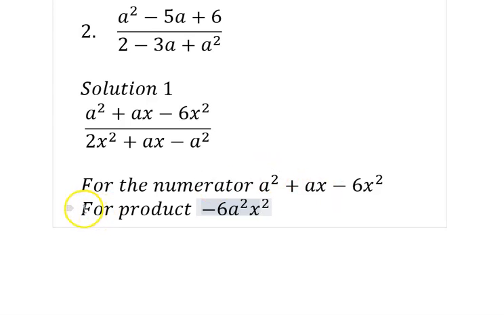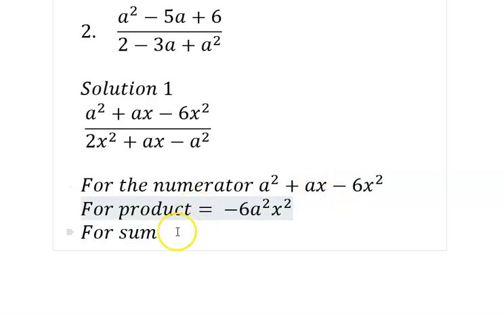Now your sum will be what? What you have at the middle. I want you to follow it gently so that for sum it will be what you have at the middle. So what do you have? It's just plus ax. Our sum is ax.